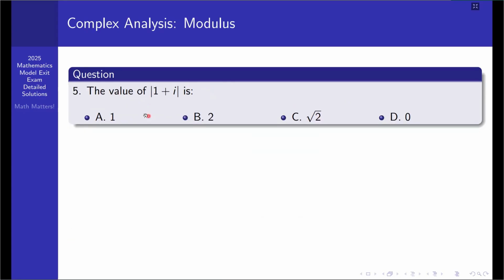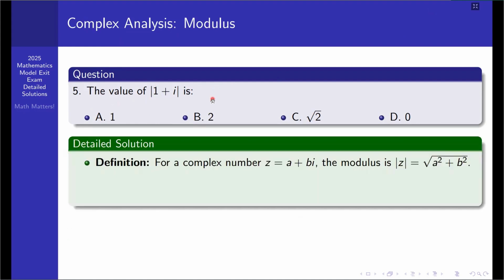Next question. It is complex analysis. The value of the modulus, or simply the absolute value, of 1 plus i is blank. The definition: for a complex number z equal to a plus bi, the modulus, or norm, is the square root of a squared plus b squared, that is the square root of the sum of the squares of its real and imaginary parts.